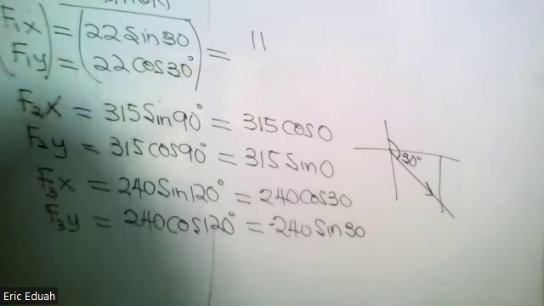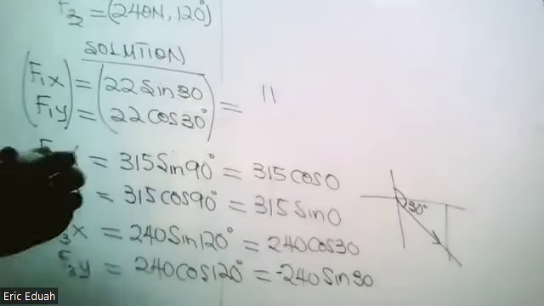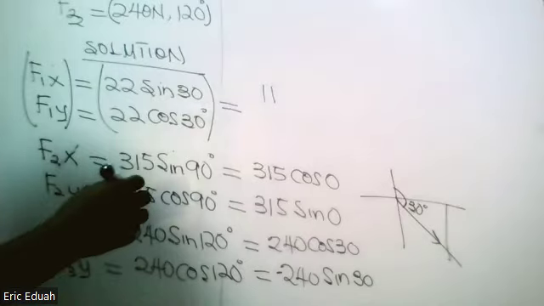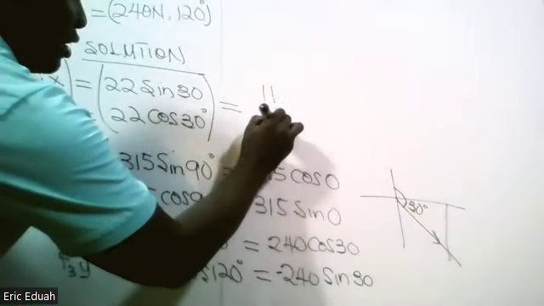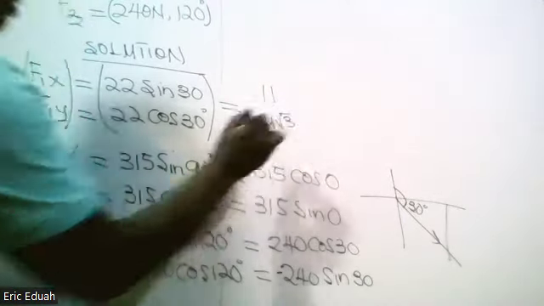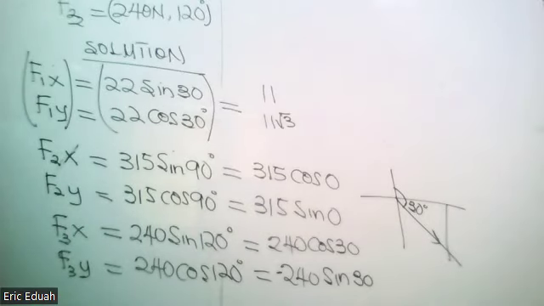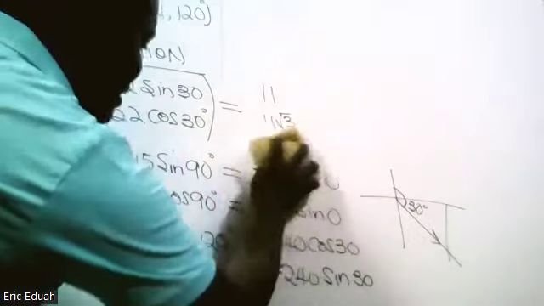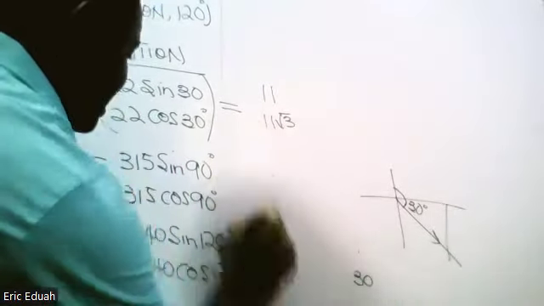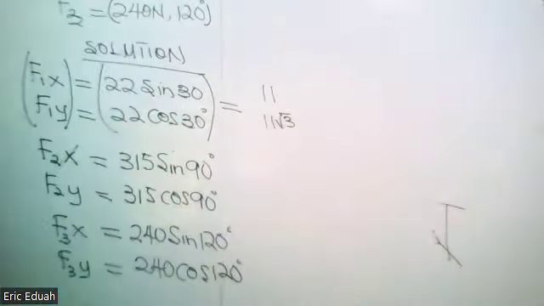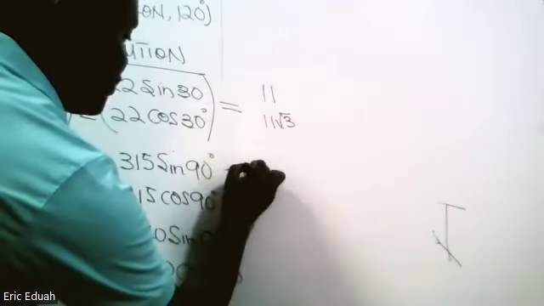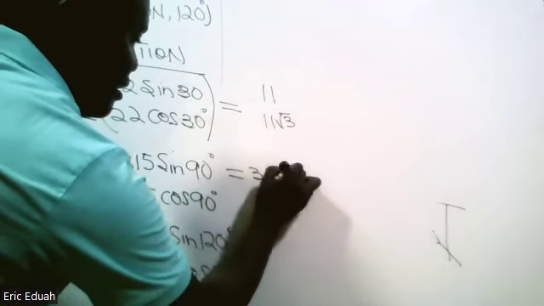Cos 30 is root 3 on 2, so 11 root 3. Then sine 90 is 1, so this is equal to 315.